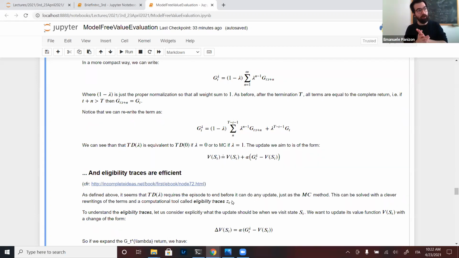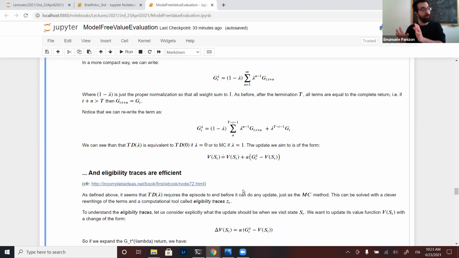Now, what I want to show now is that in the basic form, eligibility traces are a way to compute lambda returns, which are returns in the future, without having to wait for the end of an episode. So keep in mind these two things. I have a way to combine Monte Carlo and temporal difference 0, which is called temporal difference lambda, which uses lambda returns, which in principle have to be computed in the future.